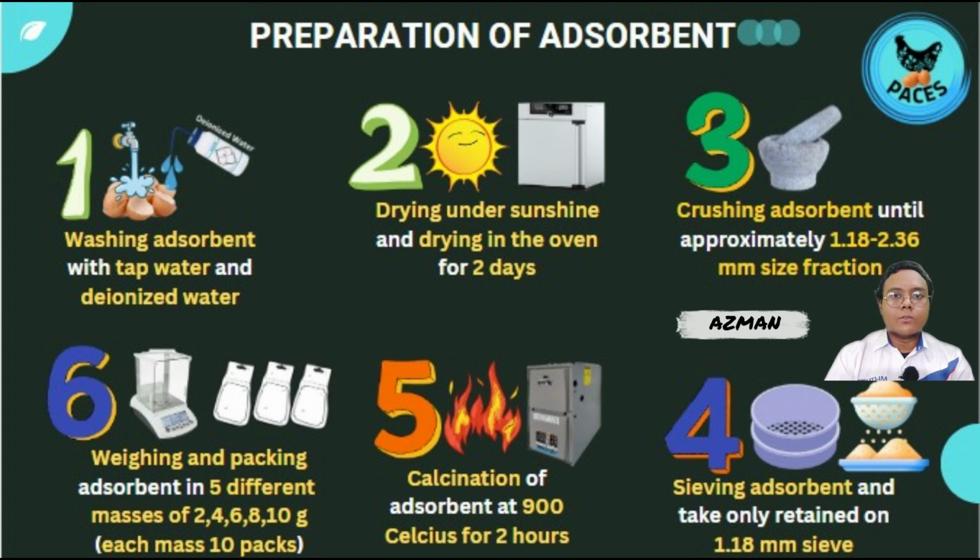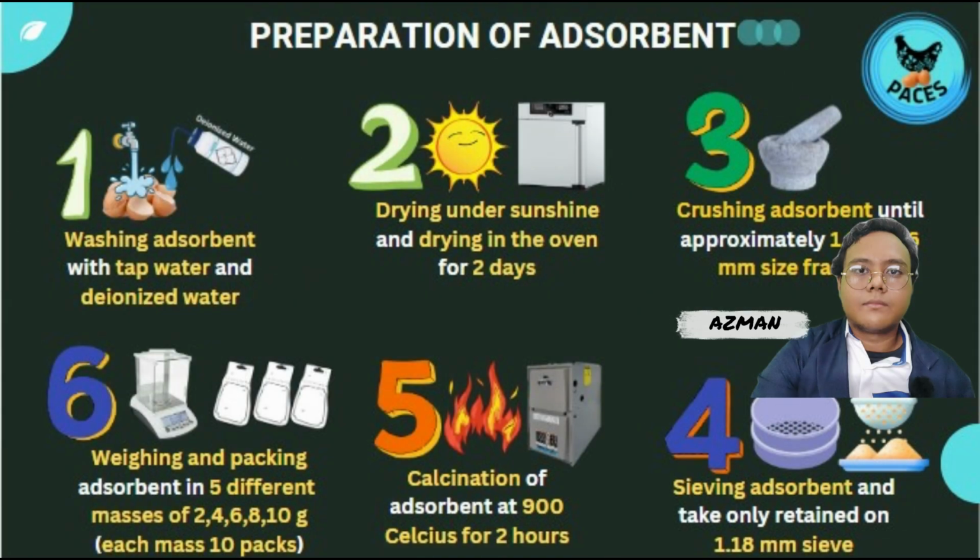Sieving was then done to obtain the size fraction stated. The adsorbent was then calcined at 900 degrees Celsius for 2 hours and lastly weighed and packed in 5 different masses of 2, 4, 6, 8 and 10 grams, with each mass having 10 packs.